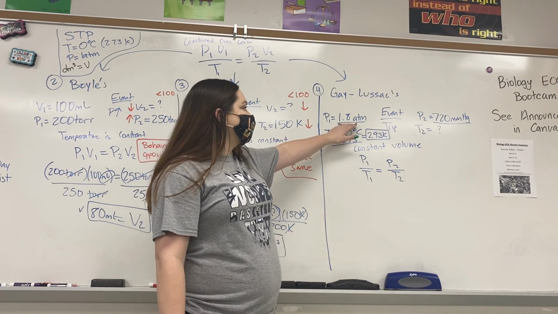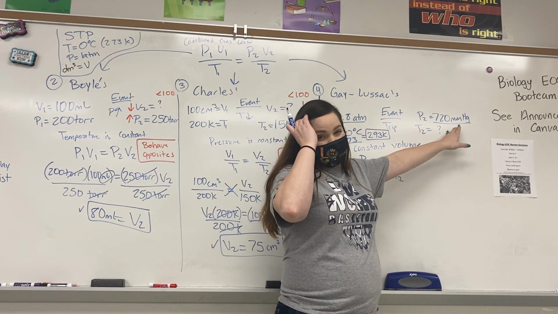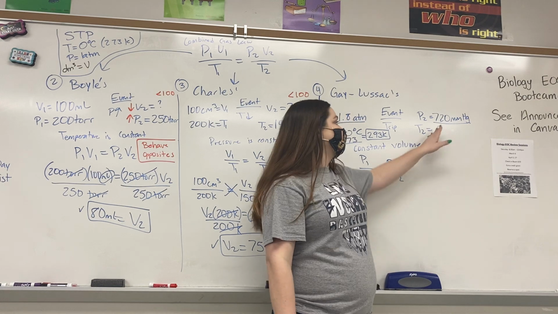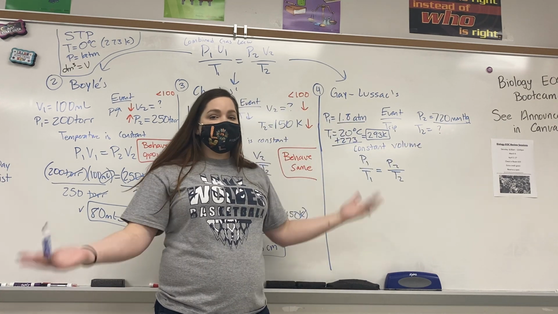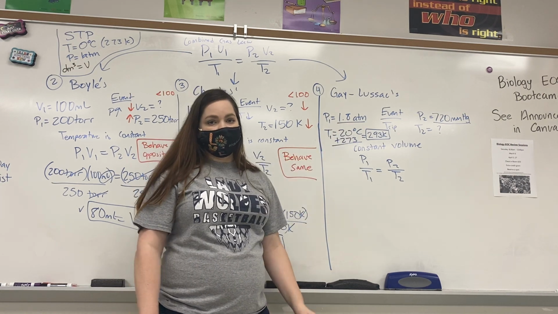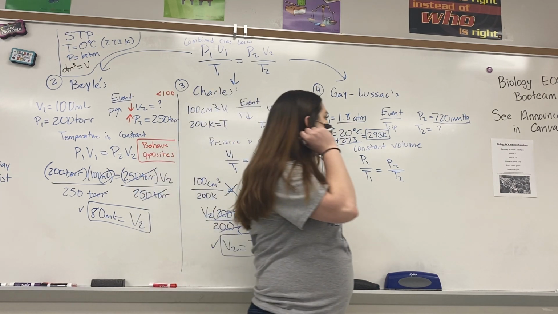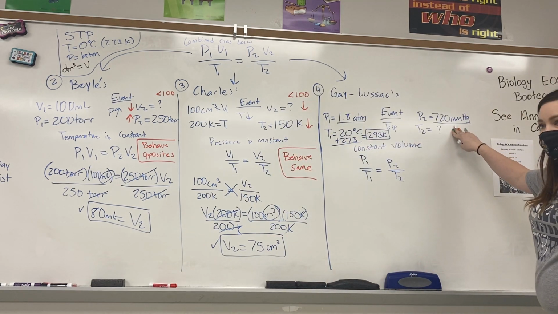So you can convert this one into millimeters of mercury, or you could convert this one to atm. I personally am going to convert this one into atm just because I like things to be in atm. That's just my personal preference. You can definitely change this to millimeters of mercury and it will work out the same. But I'm going to convert this into atm.